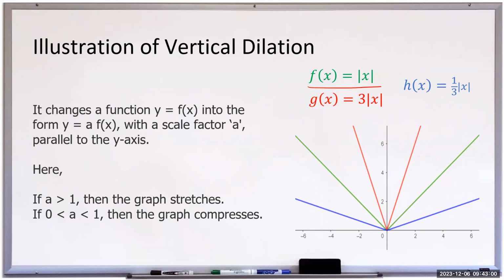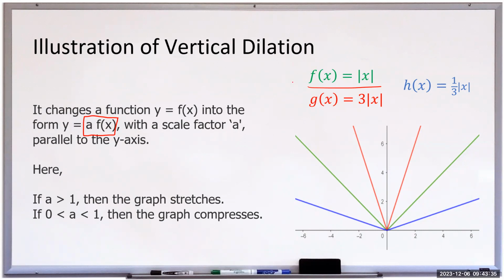So if there is a factor or a multiplier a outside of your function, such that we have this form, then we can say that the scale factor is a, and our dilation direction is parallel to the y-axis or vertical. Okay? So if the value of a is greater than 1, the graph experiences a vertical stretch. And if a is from 0 to 1, then the graph experiences vertical compression.